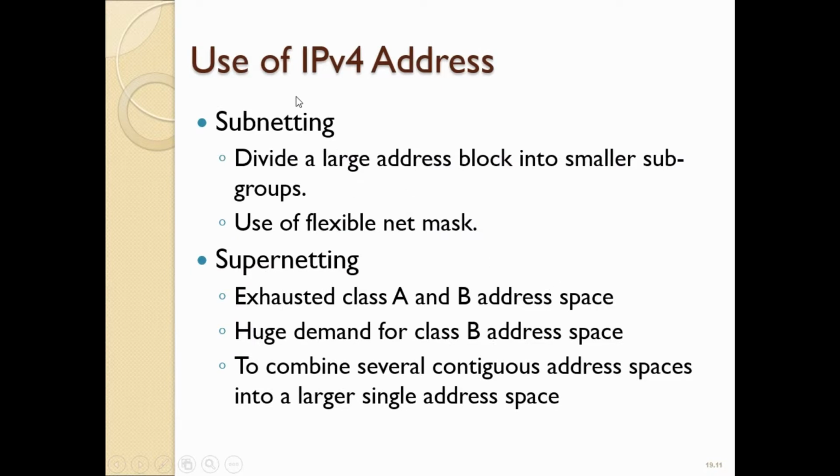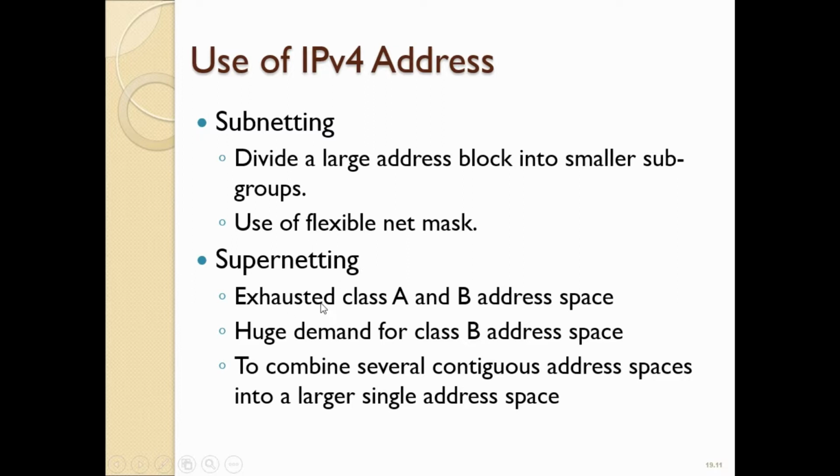So, uses of IPv4 addresses: there are two uses. We can either subnet them or use them for supernetting. In subnetting, if we divide a large address block into smaller subgroups, it's called subnetting, and we can use a flexible network mask in subnetting.